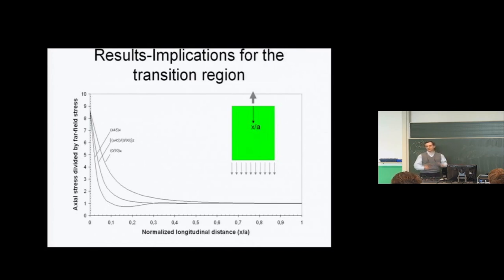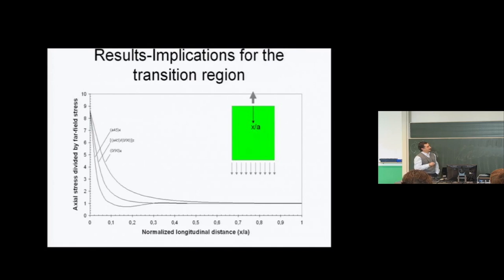If you're using fabric material, if you're using unidirectional tape, then you have a larger range of stiffnesses than you can check. We're plotting axial stress as a function of distance from the point of action of the force. We already saw the dependence for the plus or minus 45, and they all have similar dependence, but the distance over which they die out to reach the far field stress, or the distance over which they eventually go to 1, because this is normalized on the y-axis, is different.